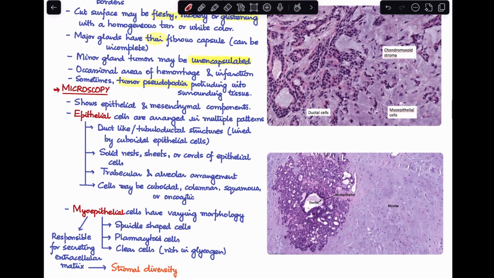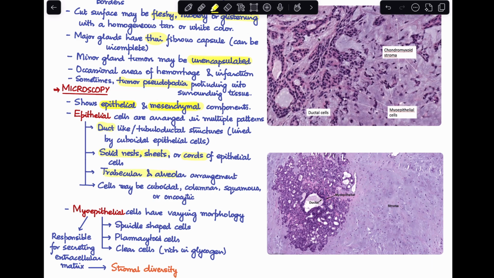As I have mentioned already, we have two types of components, which is why this is known as a biphasic tumor. We have epithelial components and we have mesenchymal components. First, let's talk about the epithelial component. Epithelial cells are arranged in multiple patterns. They can be duct-like, or in solid nests, sheets or cords of epithelial cells.